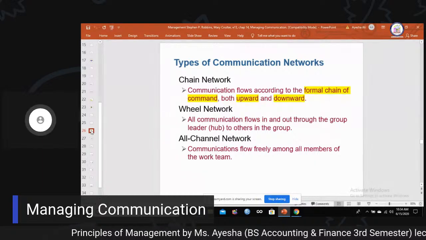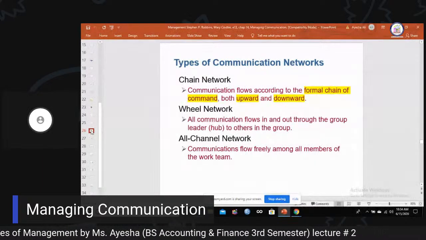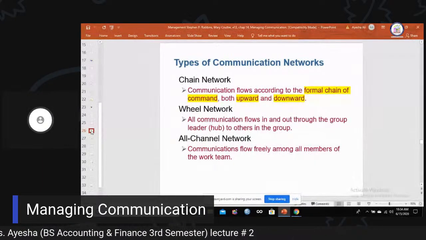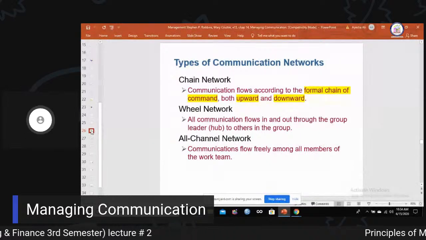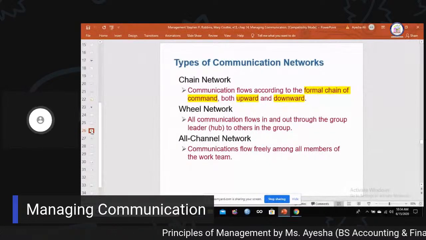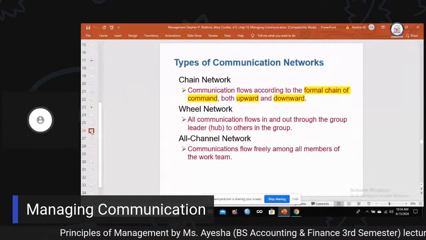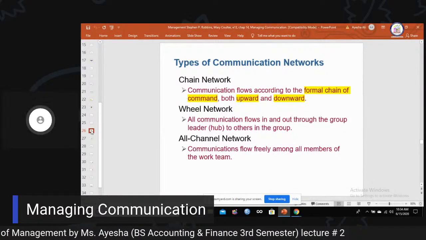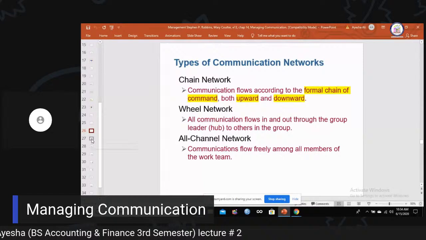So we have a leader, and communication flows in and out through the group. Then we have the all channel network. The all channel network is the network in which communication flows freely among all members of the team.